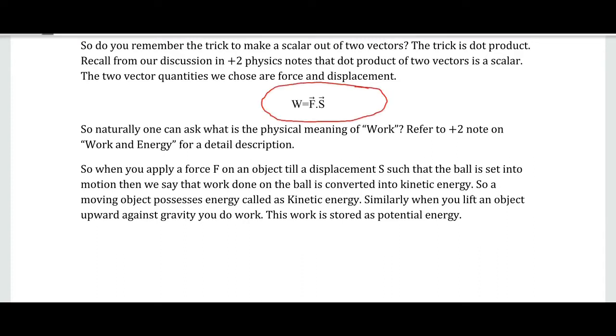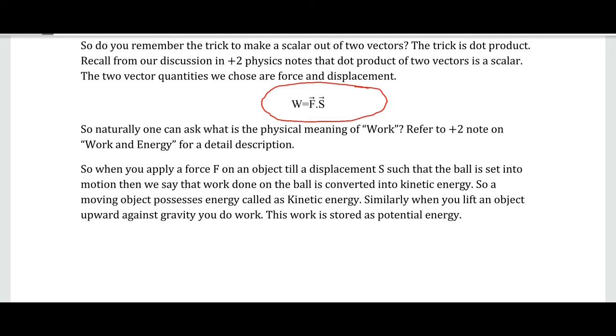How did we define it? We took the dot product of two vector quantities, force and displacement. So now we have a scalar quantity. The same physics problem that you could have solved using vector quantities, with a difficult addition rule, is simplified by this scalar quantity, work done, and all you have to do is add them, subtract them, and you get your answer.